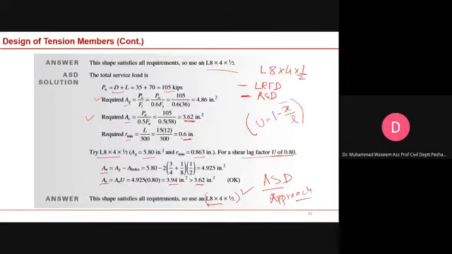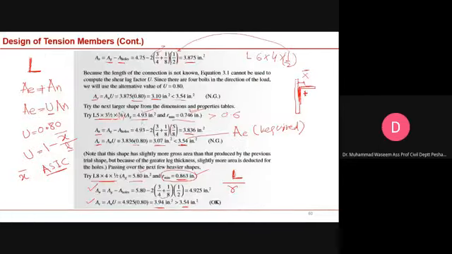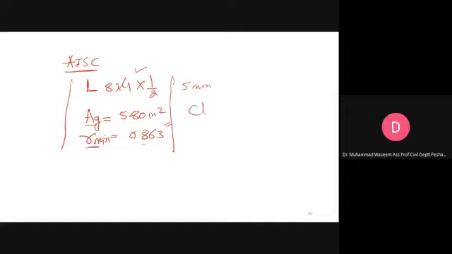I think the value is 5.8, and R minimum is about 0.863 inches. So please download the manual, or if you have already downloaded it, go to the manual, find this section and see what the gross area and the minimum radius of gyration are for this section. You have 5 minutes. This is a class activity.